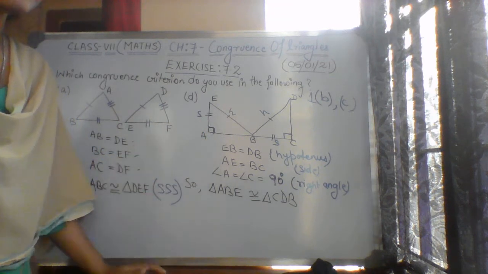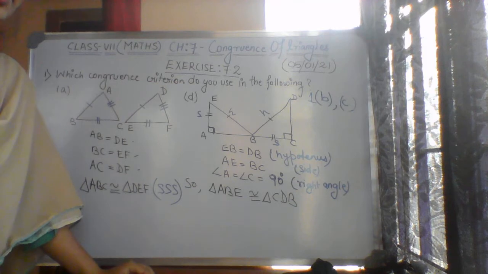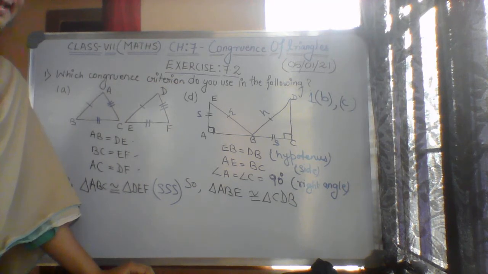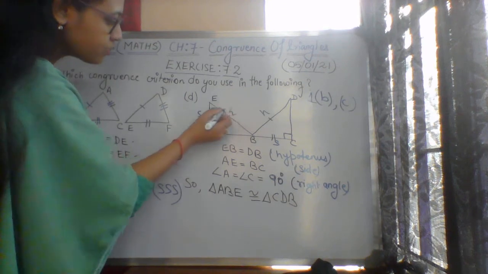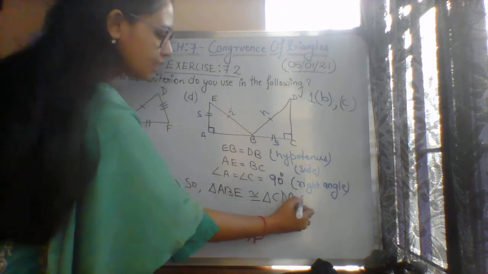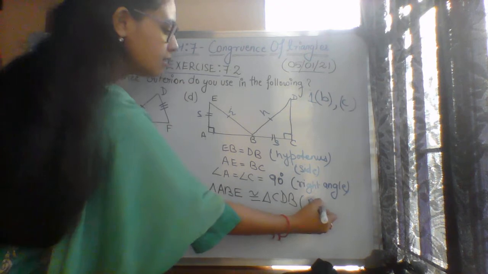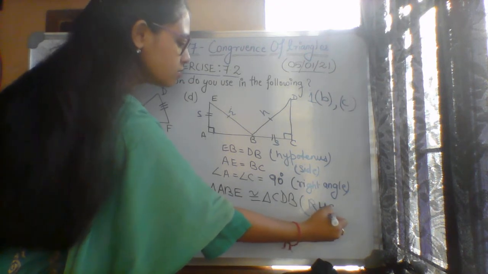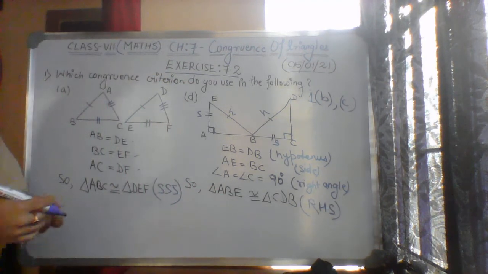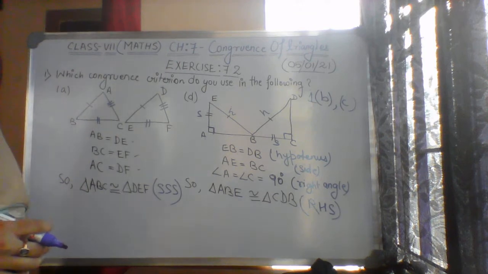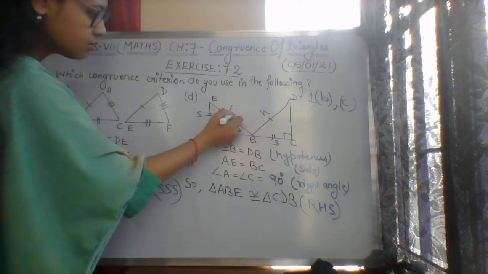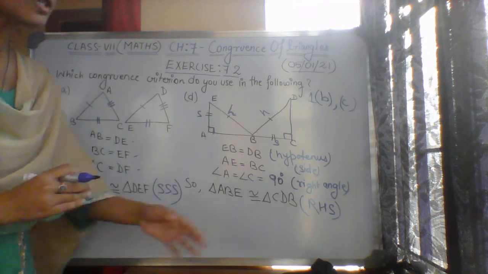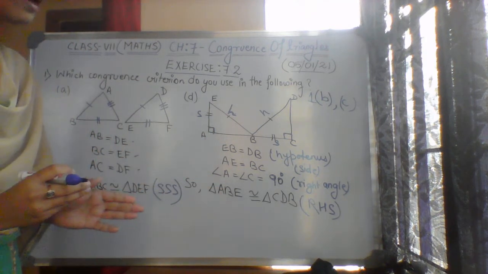So what is that criteria? Just now in the previous video you have learned. Yes, right angle, hypotenuse, side, RHS. Right angle, hypotenuse, side, or you can say right hypotenuse side. RHS criteria, you know how to apply.